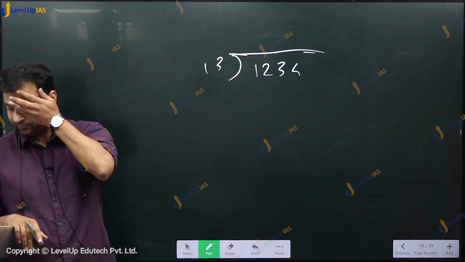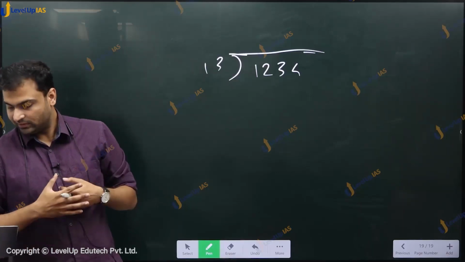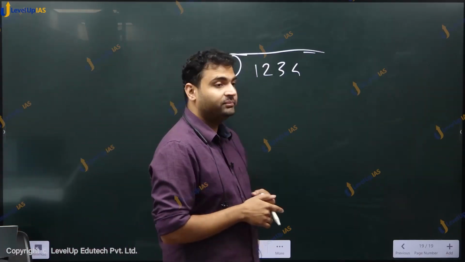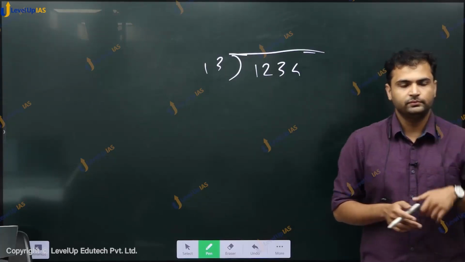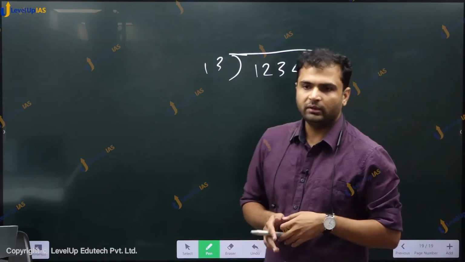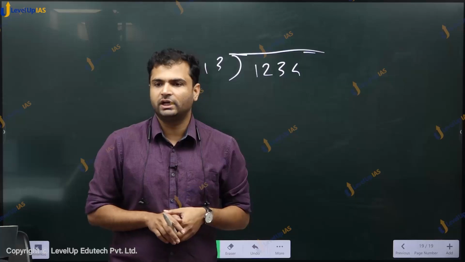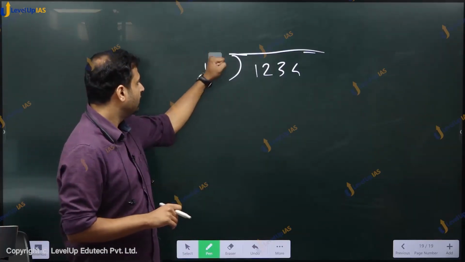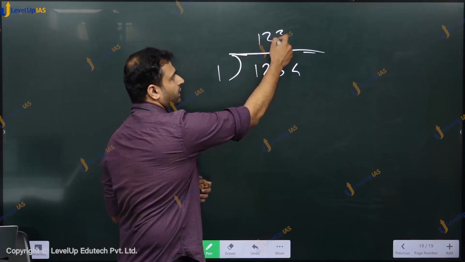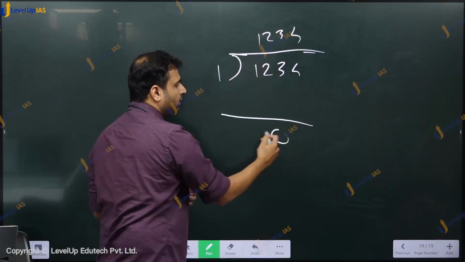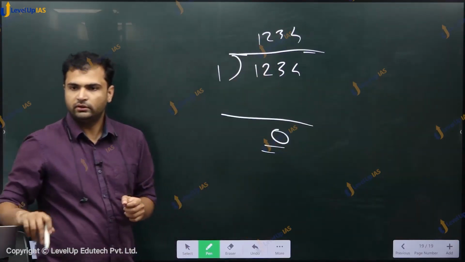Let us come back to division. What is a number divided by 1? A number divided by 1 is itself, and the remainder will always be 0 when a number is divided by 1. So when the divisor is 1, you will always have, for 1, 2, 3, 4, the number itself as quotient, and the remainder will always be 0, right?